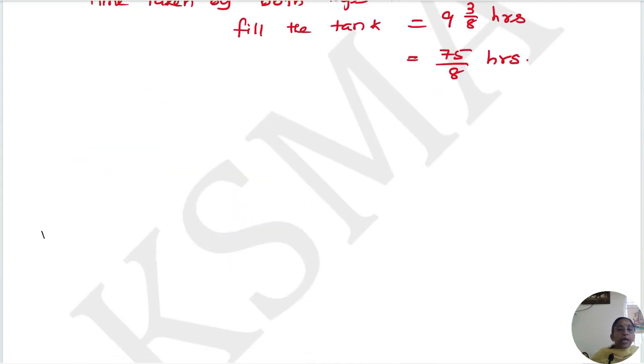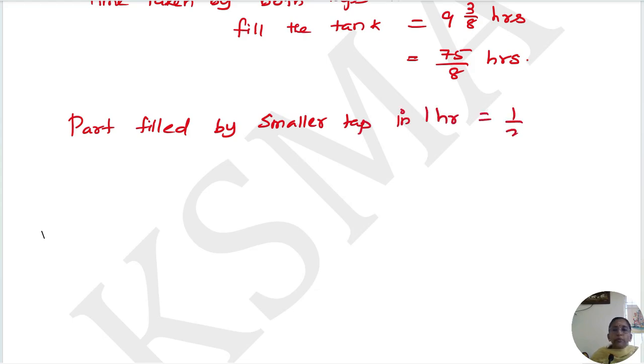So now the part filled by the smaller tap in 1 hour is equal to 1 by x. The part filled by the larger tap in 1 hour is equal to 1 divided by (x minus 10).